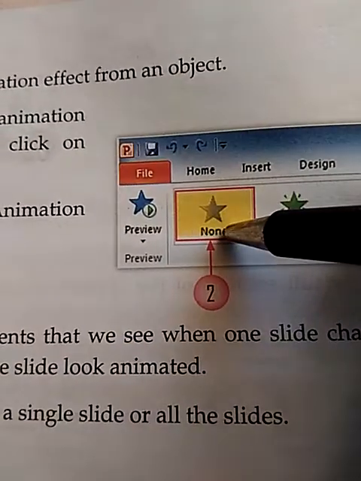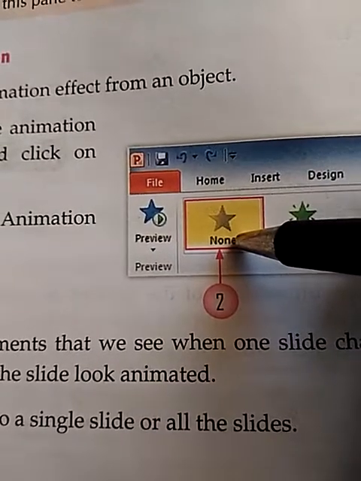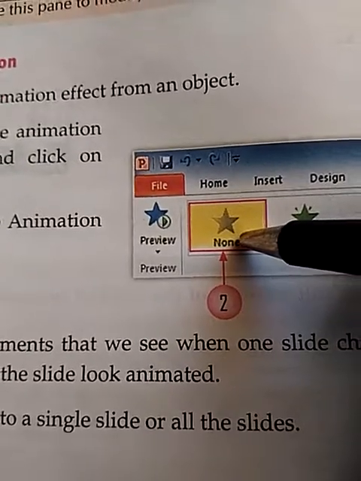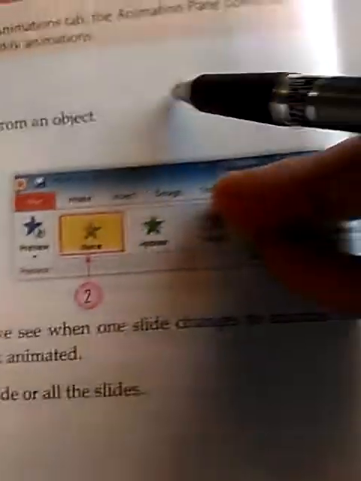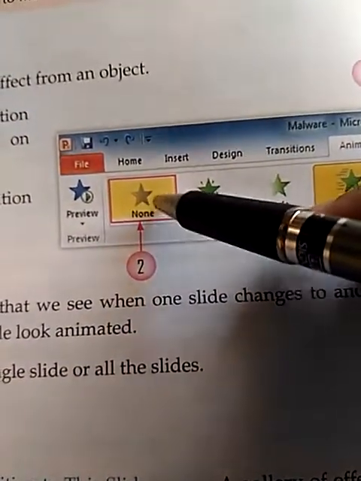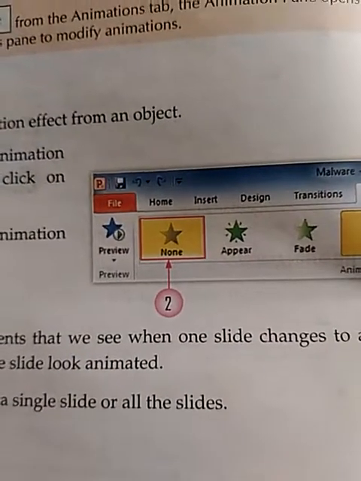After choosing this, the animation effect which is applied on the object gets automatically removed. So none, this option which is present under the animation tab, is used to remove the animation from a selected object.